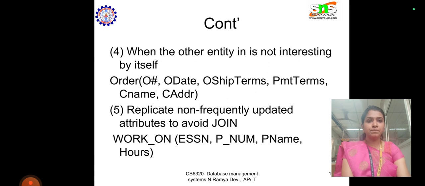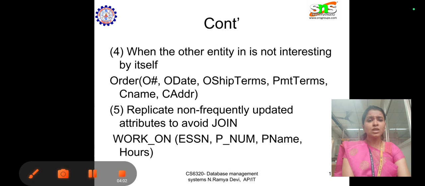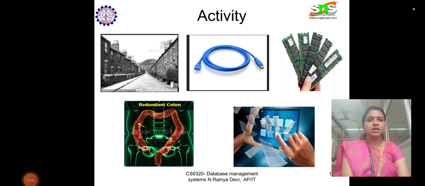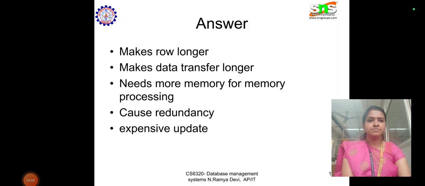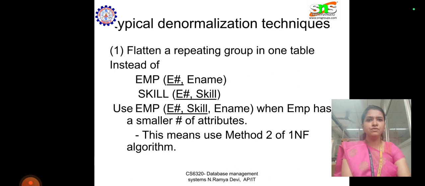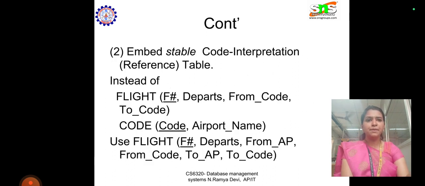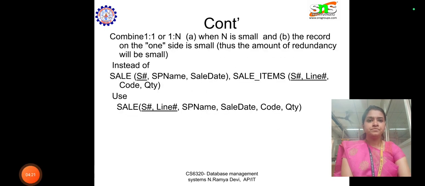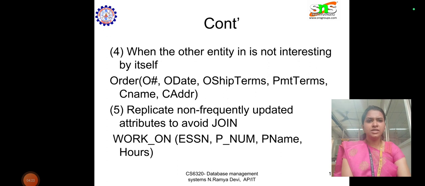Next is replicating non-frequently updated attributes to avoid join: work on ESSN, PNUM, PNAME, HAS. So these denormalization techniques involve five methods: flatten a repeating group, embed stable code interpretation, combine when the other entity is not interesting by itself, and replicate non-frequently updated attributes to avoid join.